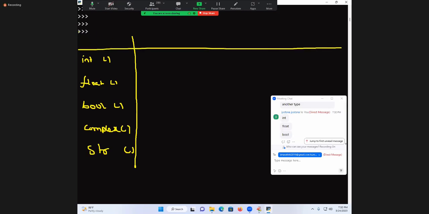I am writing one box. It's a conversion table. Which type? Int. Next, float. Next, bool. Next, complex.